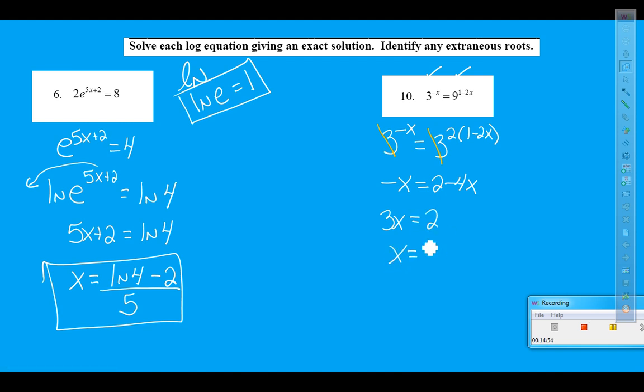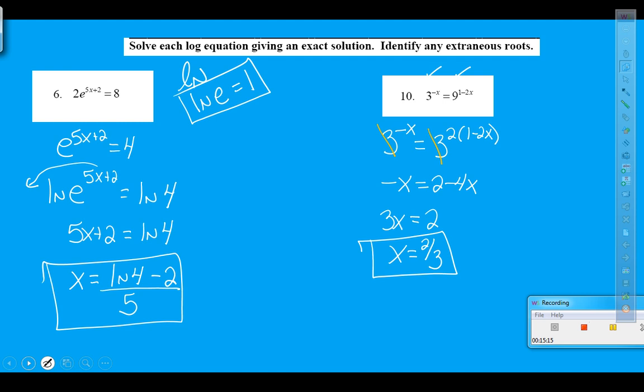So x is 2/3. I could have done it like I did the second one that I just did, but it just takes longer. If you spy a common base, this is about as fast as we can get. If you struggled on number 4, I've got another one coming up just like it. Here's number 11.